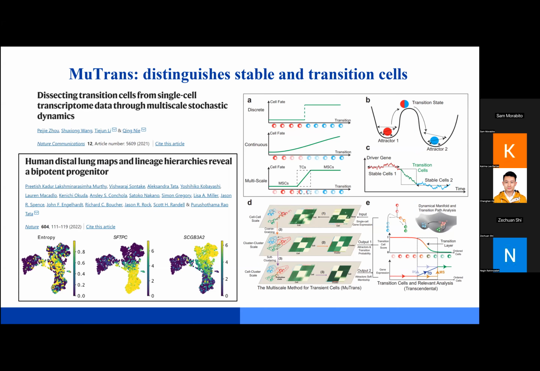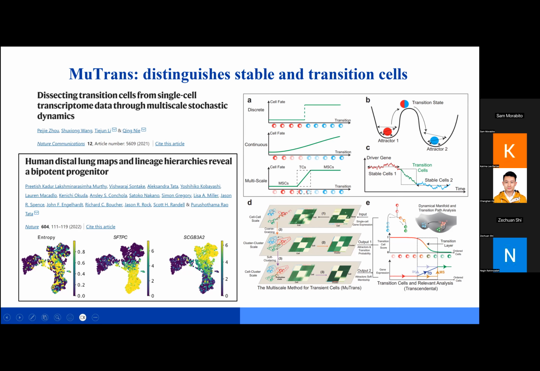The general idea is that he used a new concept called entropy to quantify and distinguish the stable and transition cells. Cells with higher entropy are more likely to be transition cells, and cells with very low entropy are very stable. For example, here they are very stable and more likely to become stable cells.